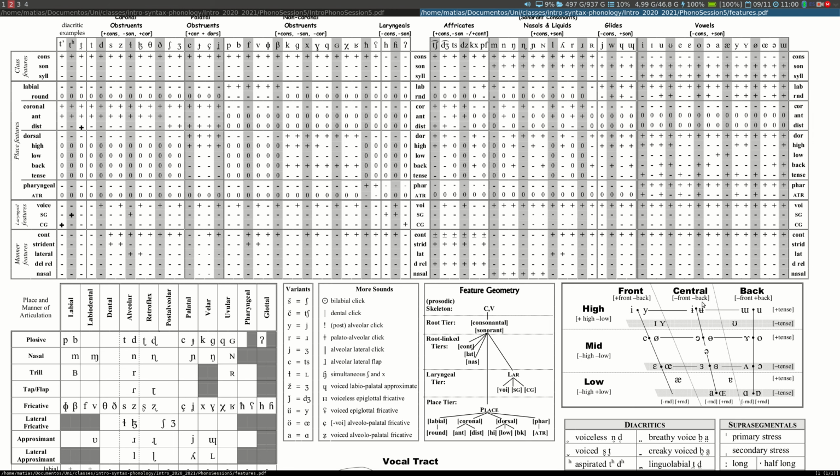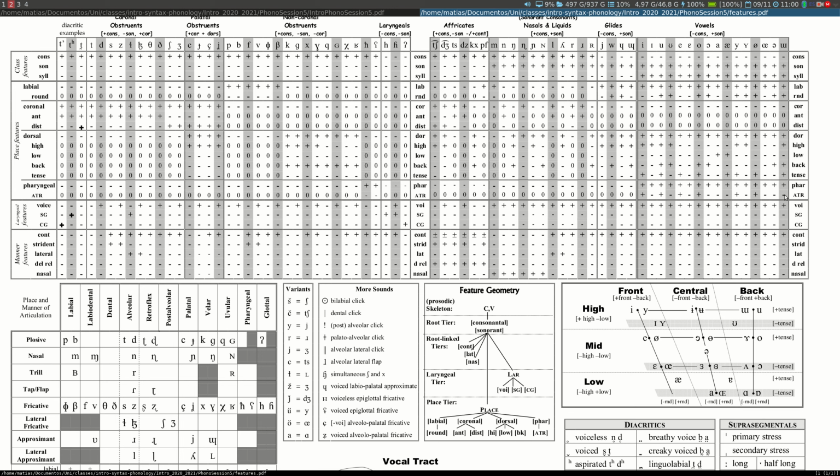This is a very useful table which shows you the phonological feature description for this sort of phonetic table of vowels. And I thought I had an ATR example, but maybe I don't, or I forgot, I'm sorry.